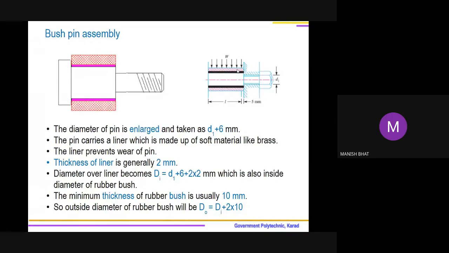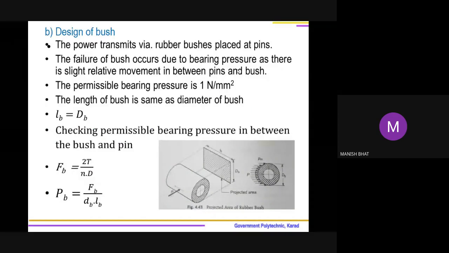One is crushing: when there is no relative motion between two components, we will be checking crushing. When two elements are in contact, like here pin and bush, and there is relative motion, then the criterion of failure will be the bearing pressure. So for that sake, we are supposed to verify this outside diameter we have selected for failure due to bearing pressure.